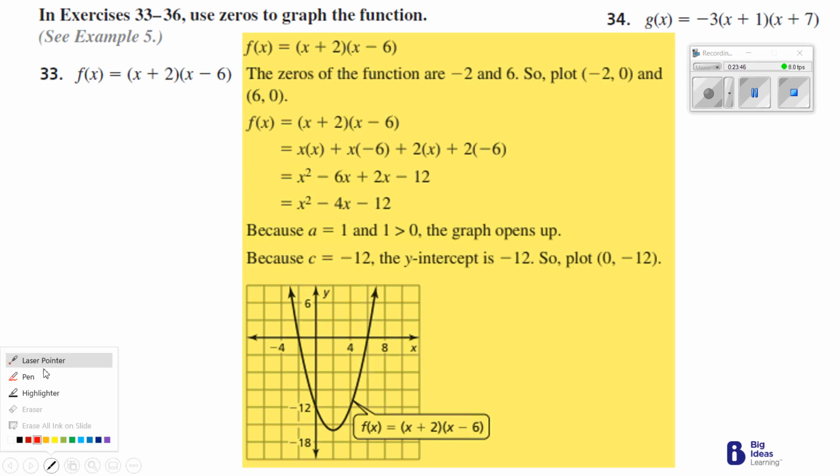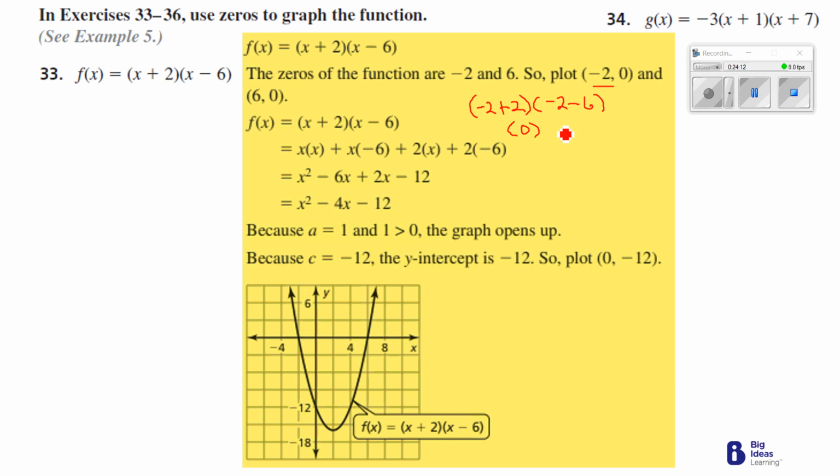Since I didn't show you how they did it, I'll show you real quick right here. Remember, they take this negative 2 and put it back into the problem. So now you have negative 2 plus 2, and you have negative 2 minus 6. Well, negative 2 plus 2 is 0.